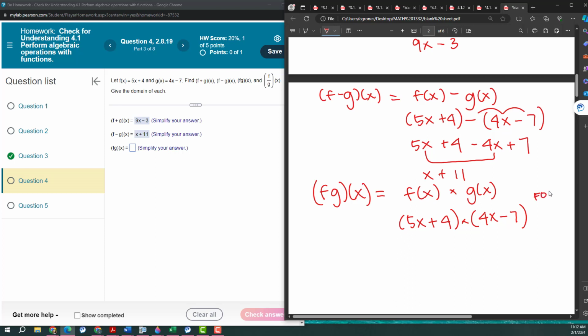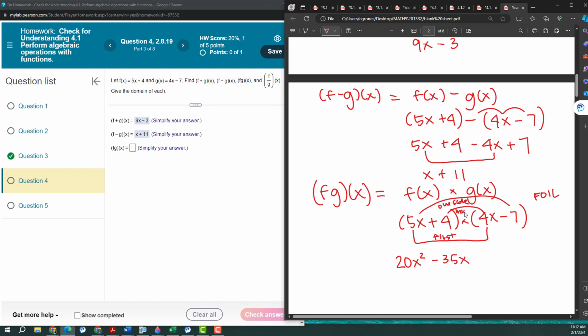First, outside, inside, and last. First is going to be 5x times 4x gives us 20x squared. Our outside is 5x times negative 7 gives us negative 35x.